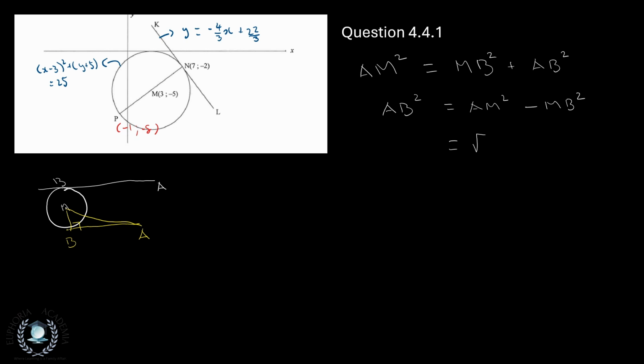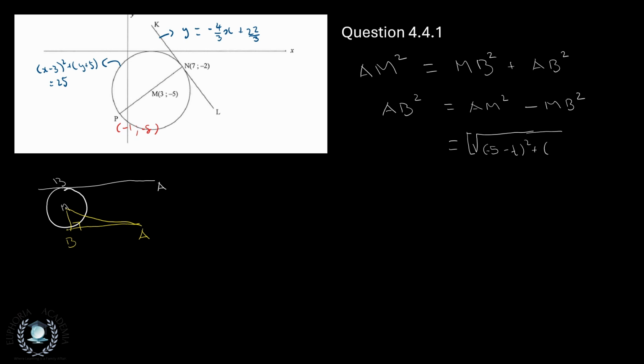Now we're going to use the distance formula for AM, which is going to be the square root, and this whole thing is going to be squared. Our AM value, we already have a value for M, so that's going to be 5 minus t squared plus, sorry, that's going to be minus 5.